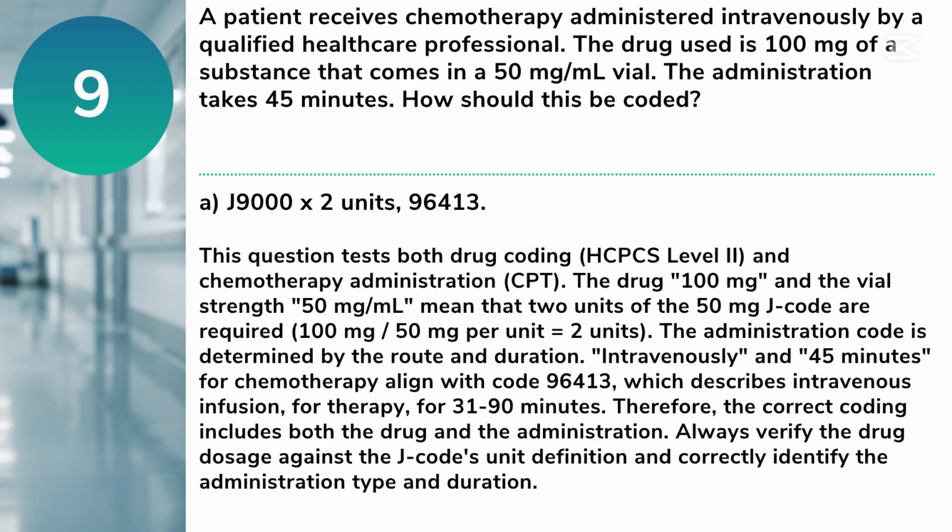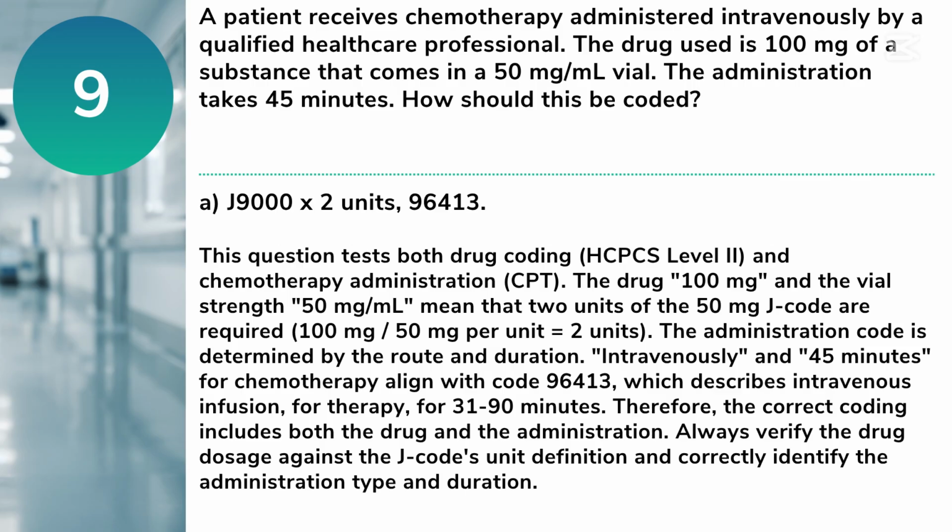Answer: A. J9000 x 2 units, 96413. This question tests both drug coding, HCPCS Level 2, and chemotherapy administration, CPT. The drug 100 mg and the vial strength 50 mg per milliliter mean that 2 units of the 50 mg J-code are required. 100 mg divided by 50 mg per unit equals 2 units.